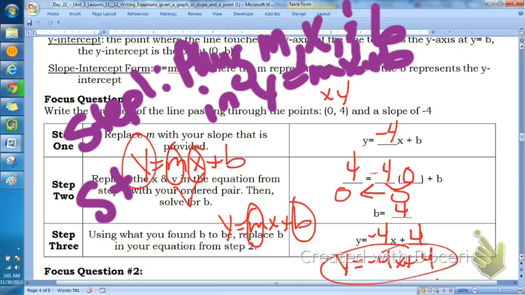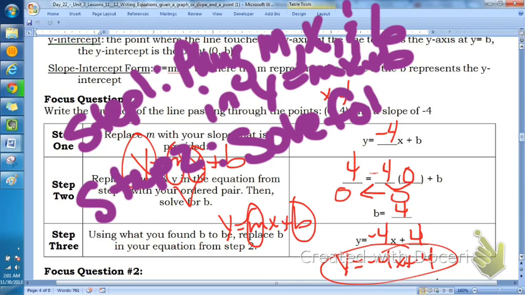Step 2, solve for b. You remember you have to do those in two steps.